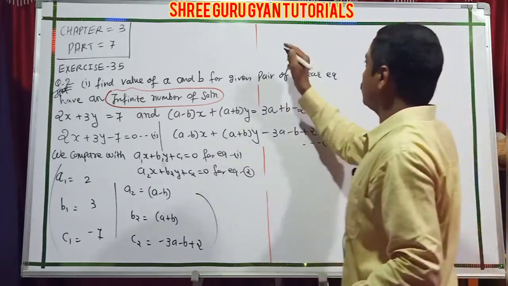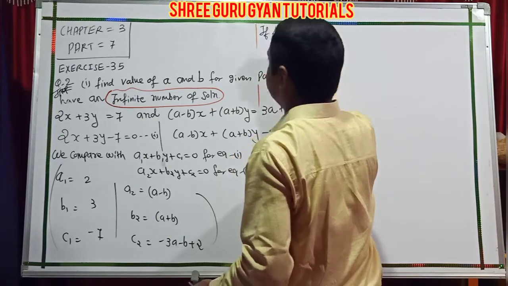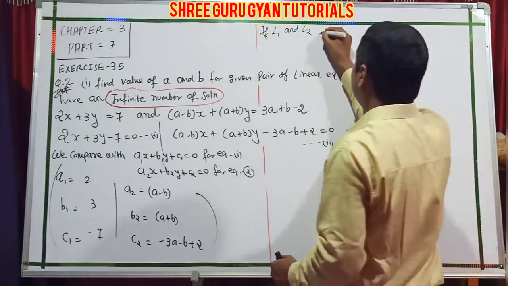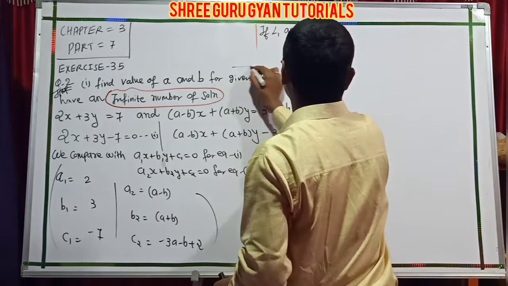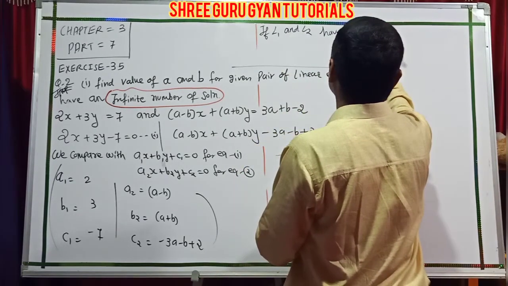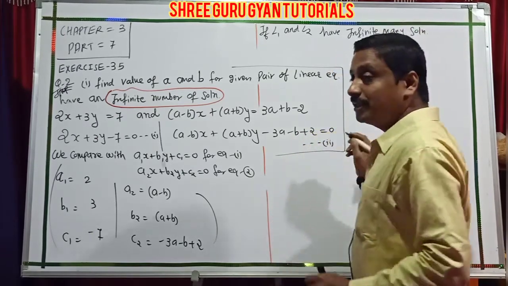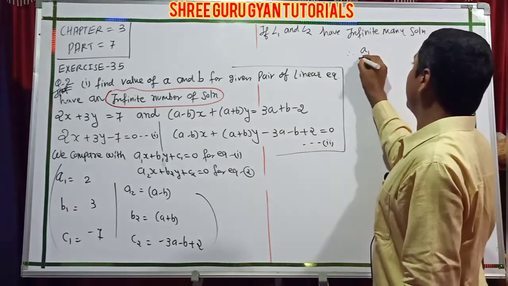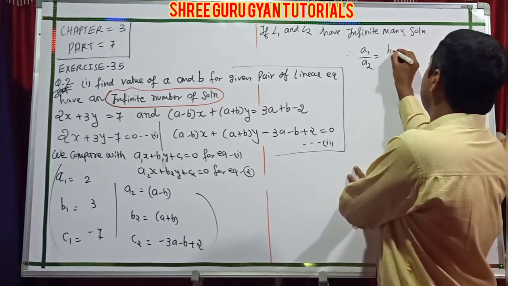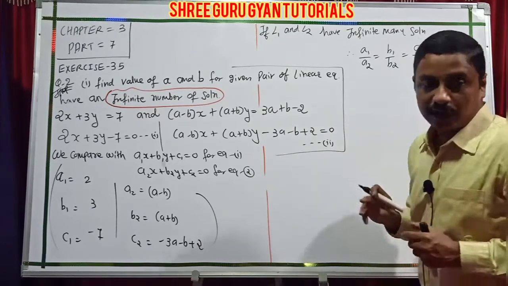So if L1 and L2, meaning equation 1 and equation 2, have infinitely many solutions, what is the condition? Yes, a1 by a2 is equal to b1 by b2 and is equal to c1 by c2.